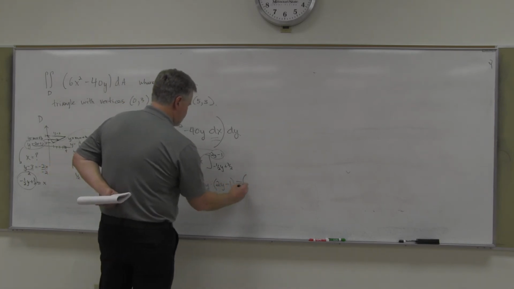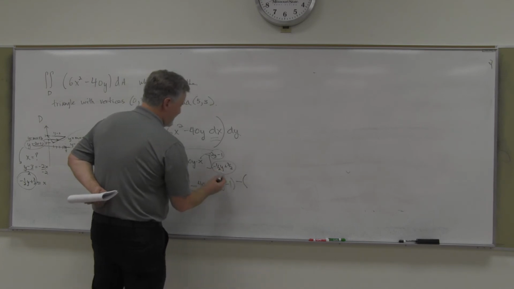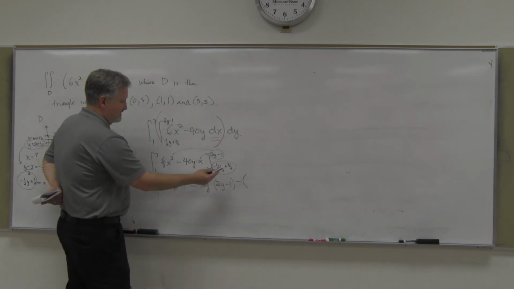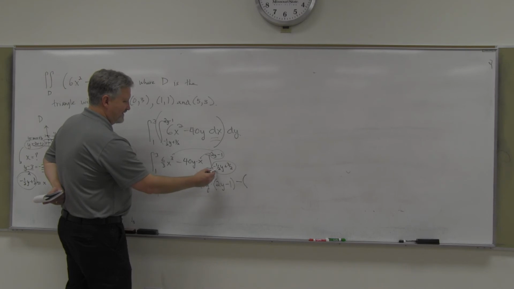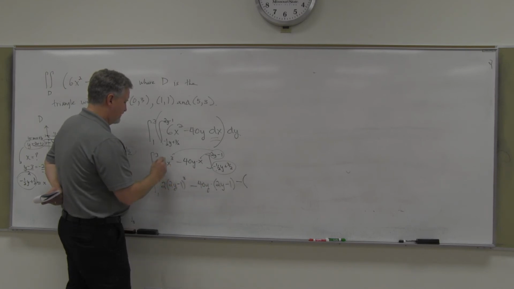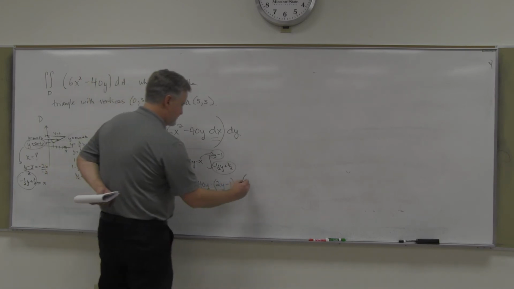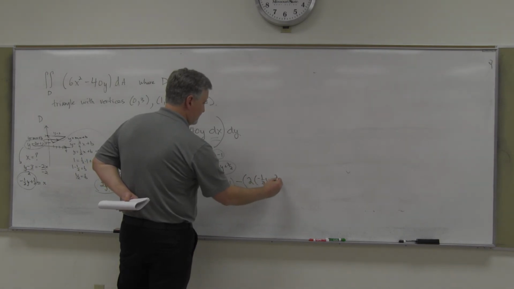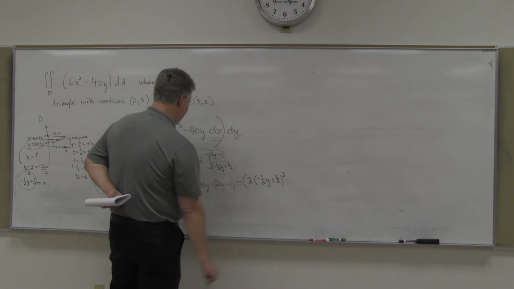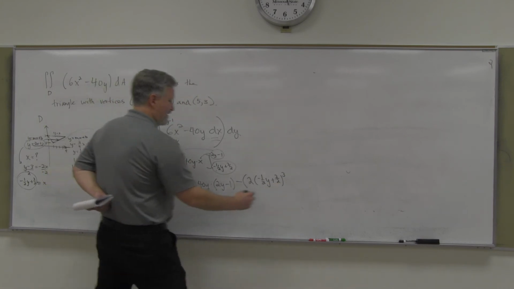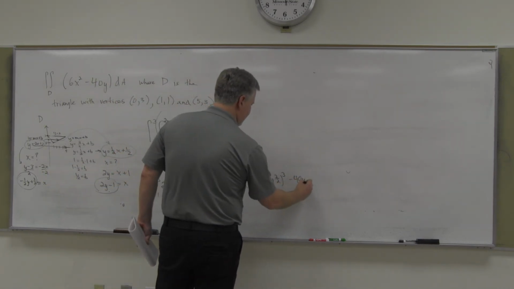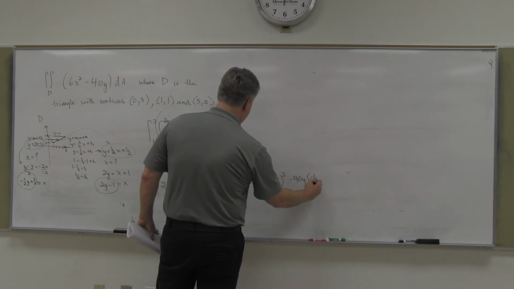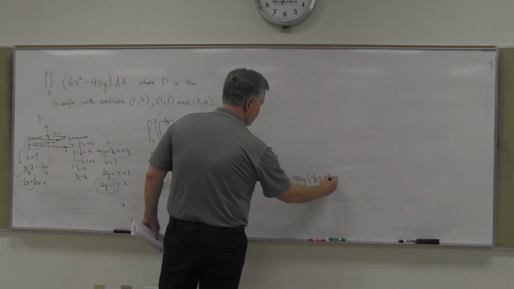And then minus, okay, so here we go. Plug in, and you know, change it to decimal if you want, but you got to plug in those for the x's, so that would be 2x cubed, so that would be 2 times negative 1/2 y plus 3/2 cubed. And then minus 40y times negative 1/2 y plus 3/2.